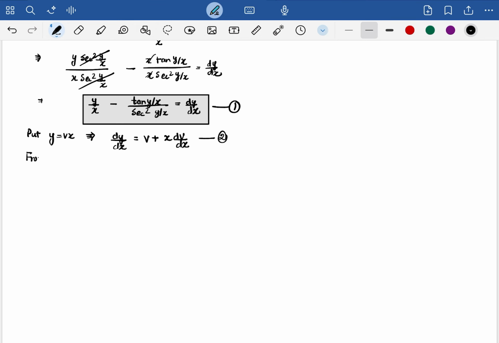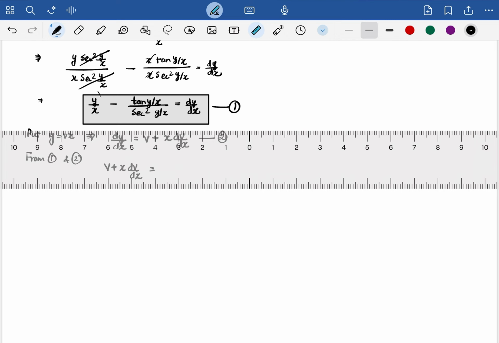So from equation 1 and equation 2, first compare the left hand side, basically dy by dx, because we have written this side should be this. So can we say v plus x dv by dx equals, and what is this?